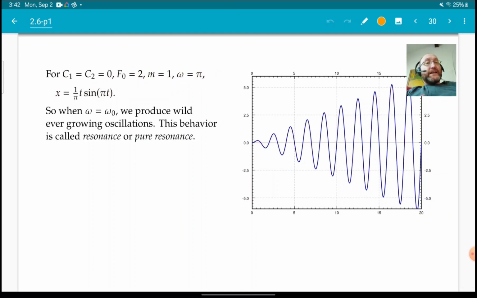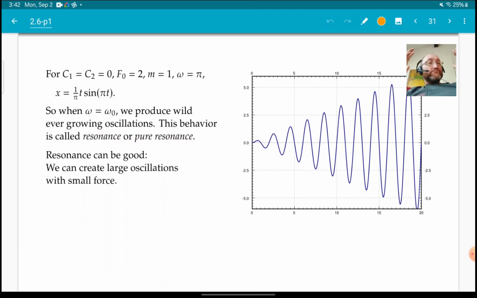So that's called resonance, or pure resonance in this case. When I can get arbitrarily big oscillations just by waiting enough, right? So that's what resonance is.